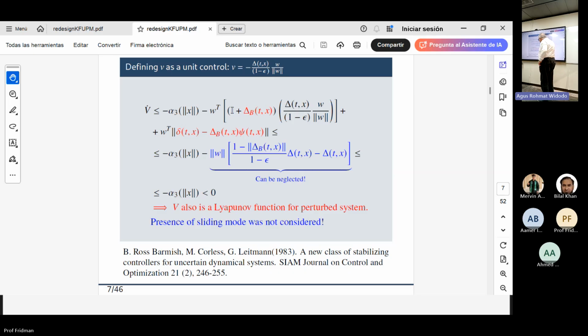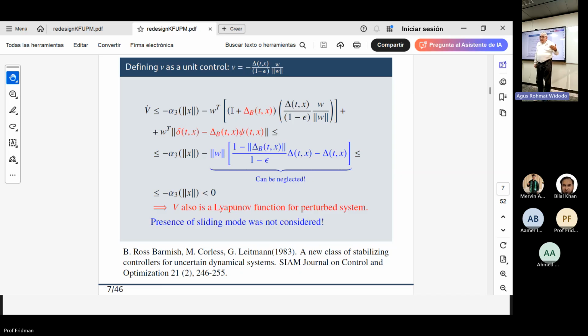Okay, if this is negative, then we don't need to consider it, and we are finishing here, telling: under such a condition, using such a control, what are we able to tell?